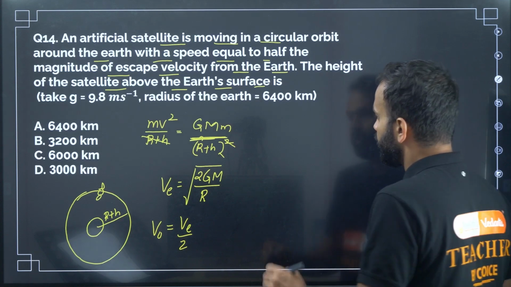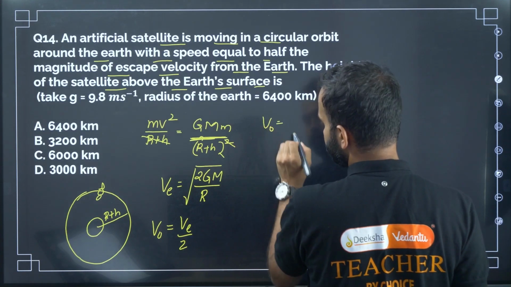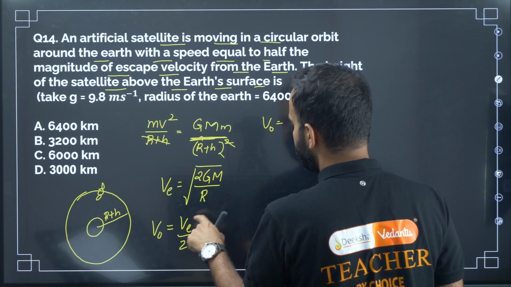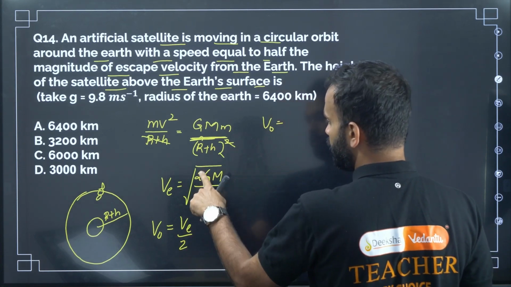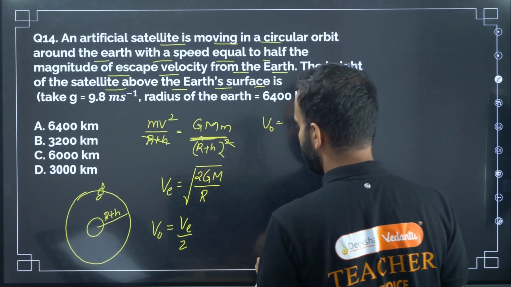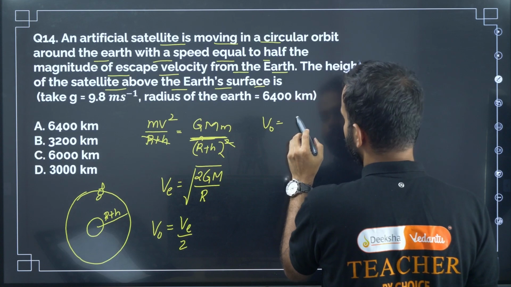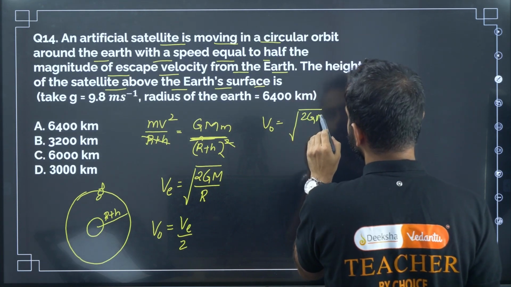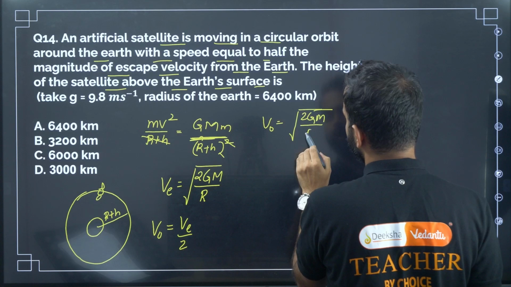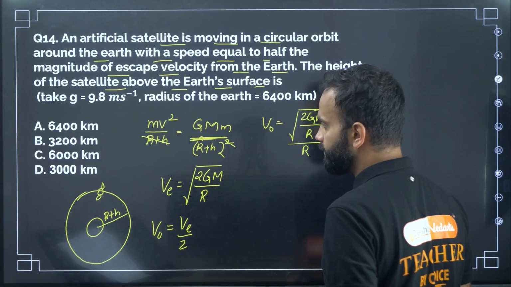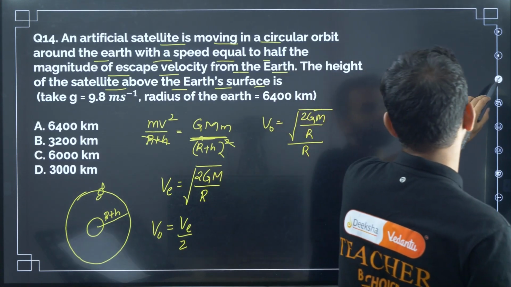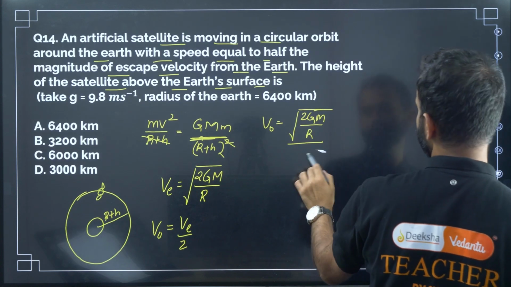So now here Vo is equal to Ve divided by 2, right? So Ve will be root of 2GM by R. So root of 2GM divided by R, whole divided by 2.